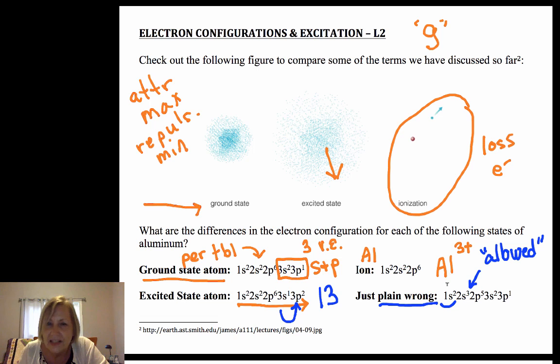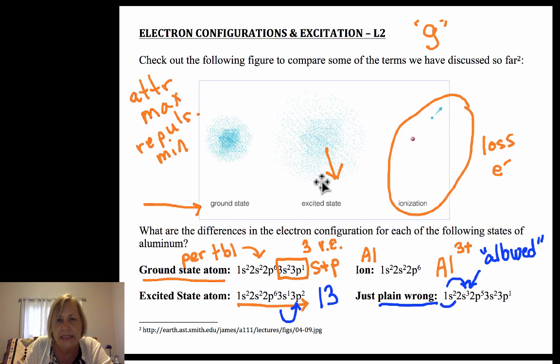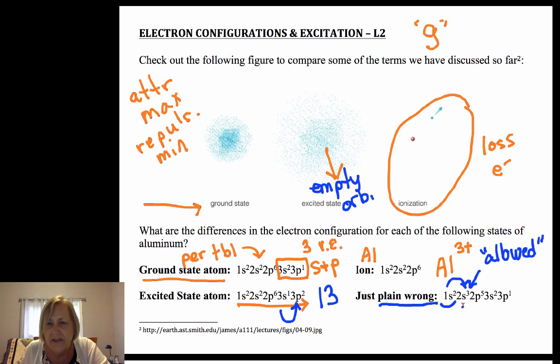Okay, so this S electron, which didn't take from the 1S to the 2S, you can't do that. If an electron's going to be excited, it has to be excited to an empty orbital space. You can't have excitation into a full sublevel. And so that's why this is just plain wrong.